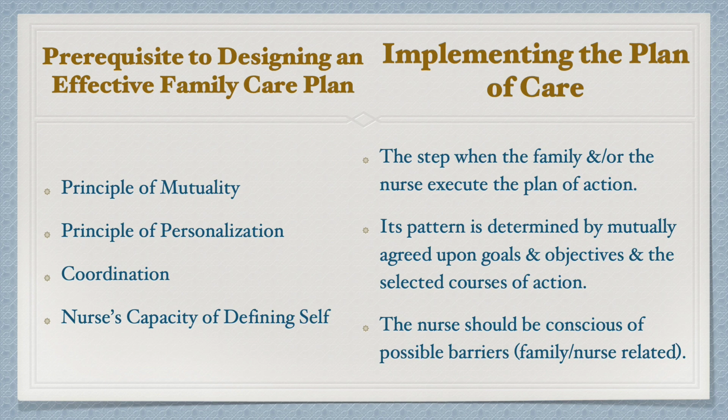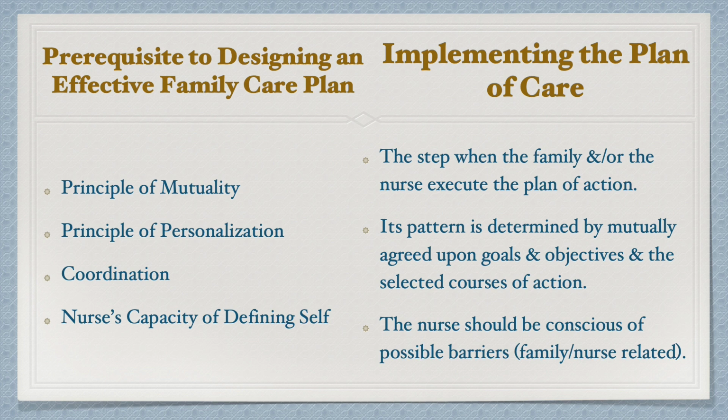The nurse should be conscious of possible barriers. Barriers could be family or nurse related. Family barriers include apathy and indecision. Apathy is unresponsiveness of the family, which may be a manifestation of the family's feelings of hopelessness and powerlessness.